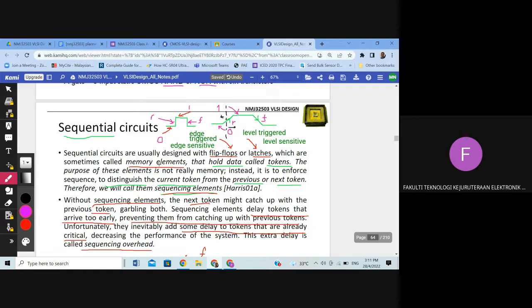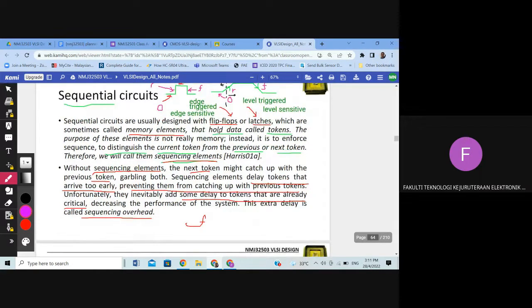We also defined that a sequential circuit comprises either flip-flops or latches. A sequential circuit may have a combinational circuit inside it, but if the circuit comprises flip-flops or latches, the whole circuit is categorized as a sequential circuit. Flip-flops and latches are two different elements.